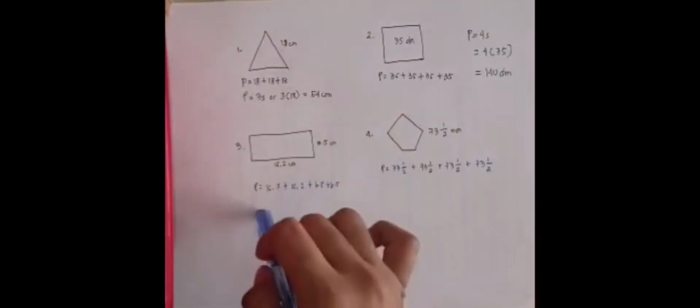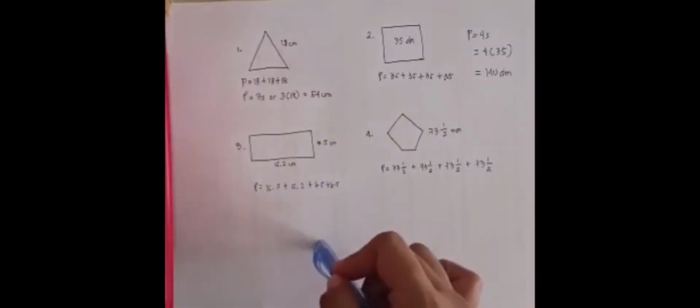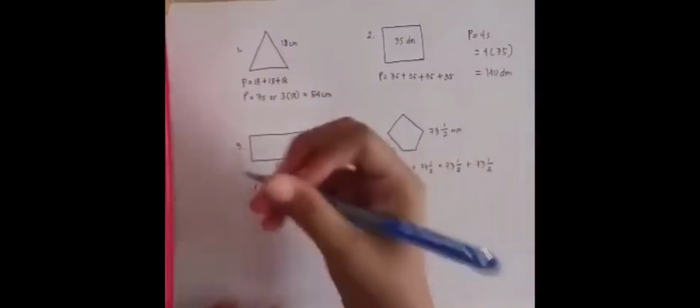Now, a rectangle has 2 pairs of opposite sides that are parallel and congruent. Using addition, the perimeter would be 15.2 plus 15.2 plus 6.5 plus 6.5. Since 2 pairs of sides are congruent, then we can solve it this way.